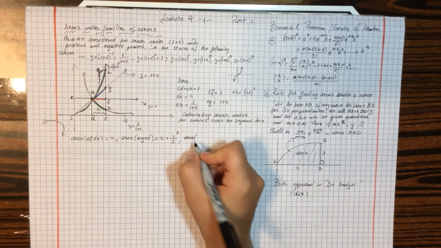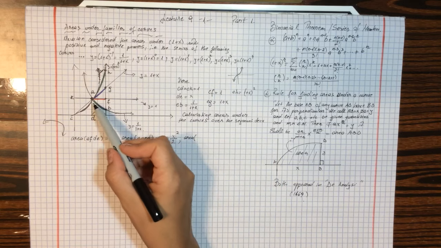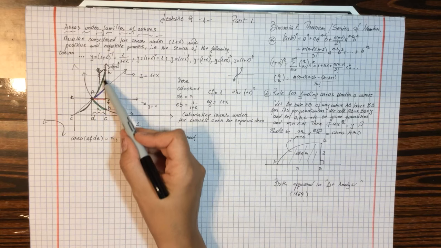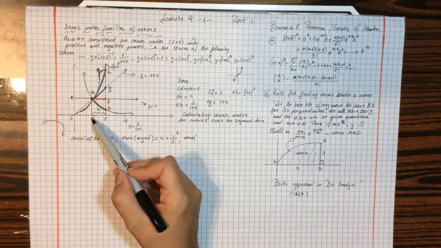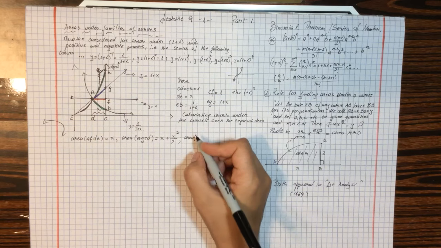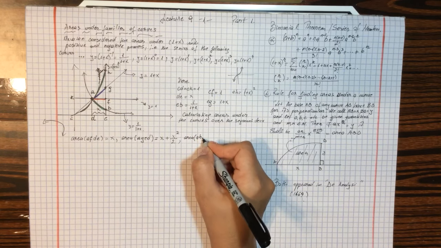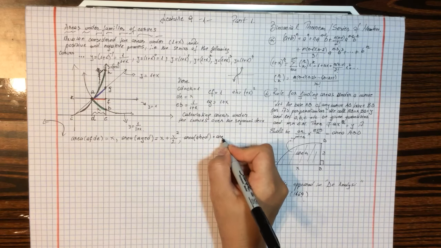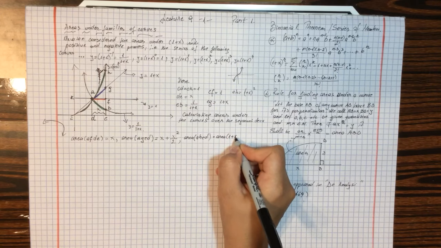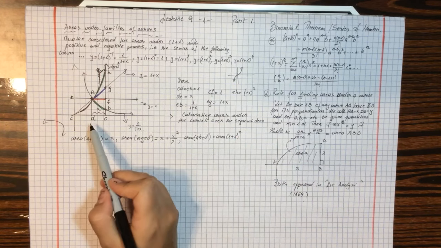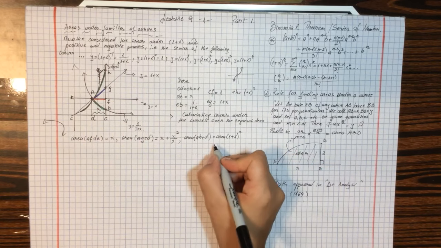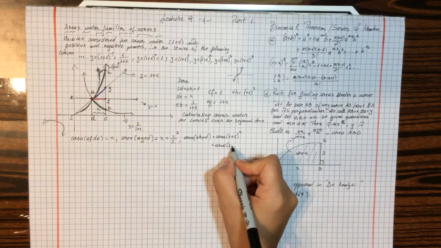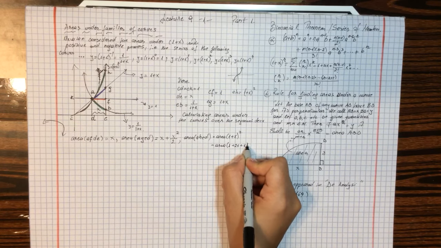Area AHED, that's the area under this other upper green curve from D to E. So area AHED would be equal to the area under the curve 1 plus x squared from D to E. 1 plus x squared is 1 plus 2x plus x squared.